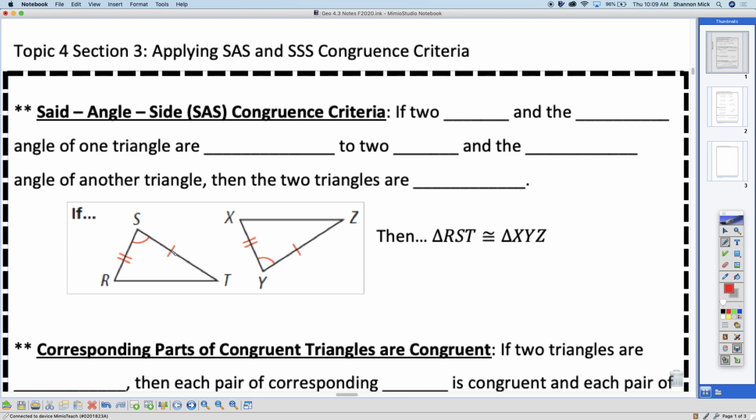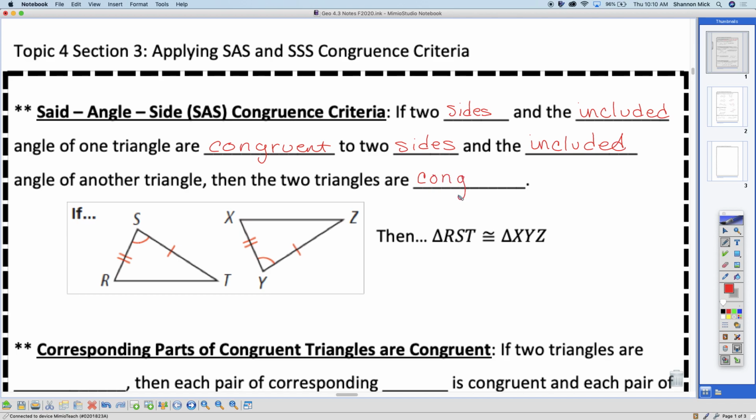So side angle side congruency says if 2 sides and the included angle of one triangle are congruent to 2 sides and the included angle, and we'll talk about what included means, of another triangle, then the 2 triangles are congruent.